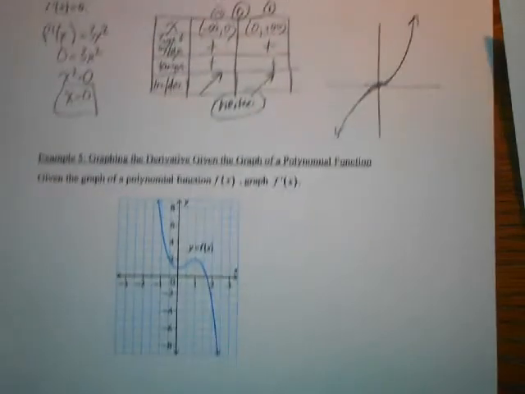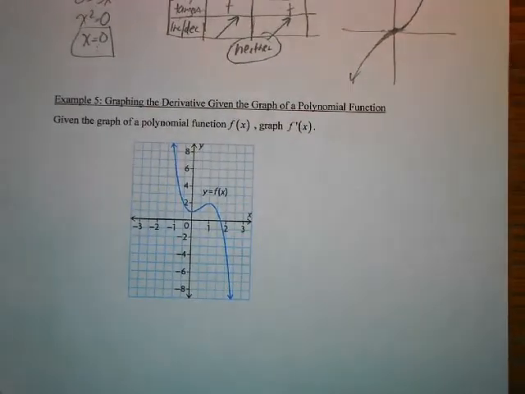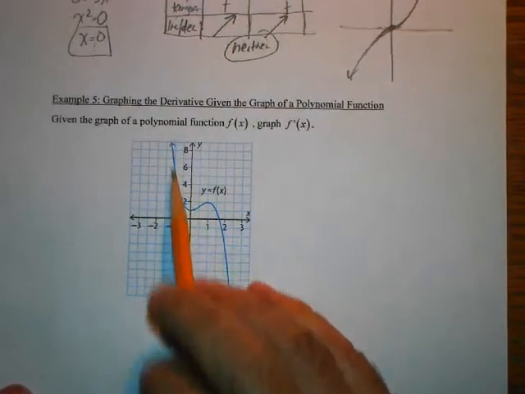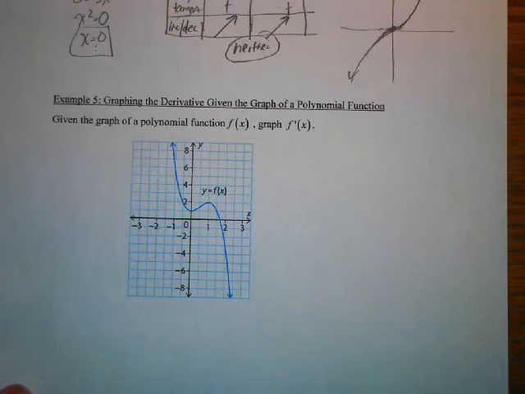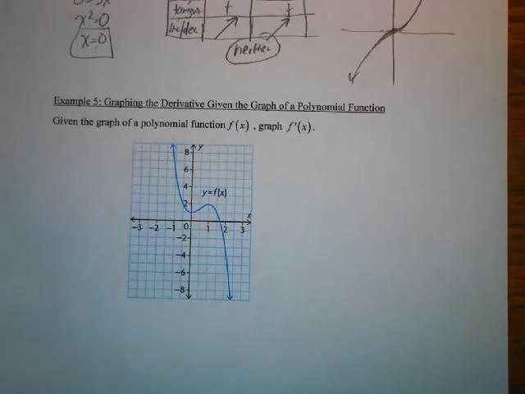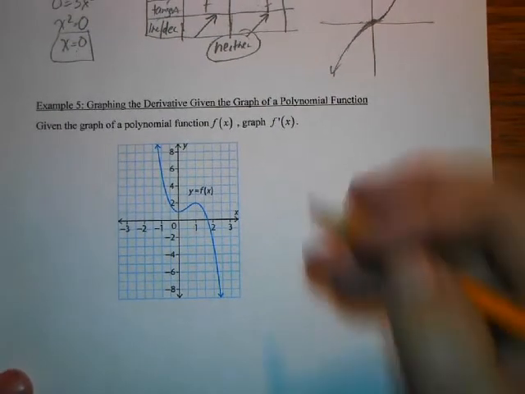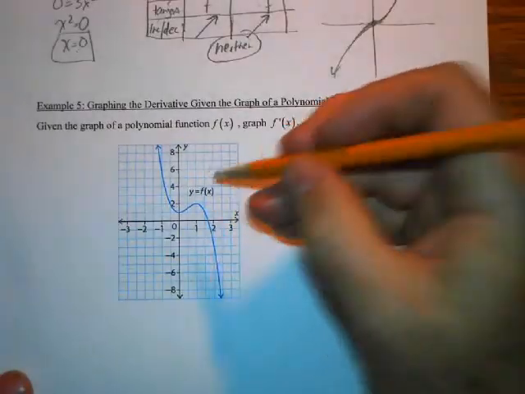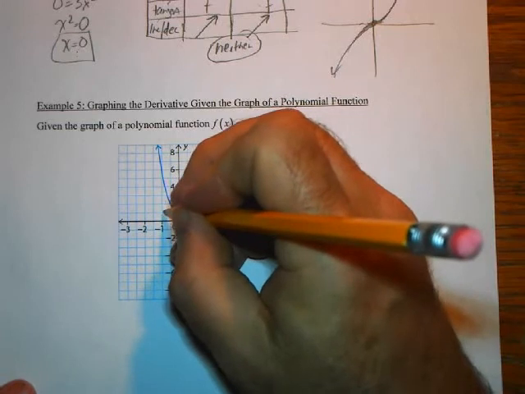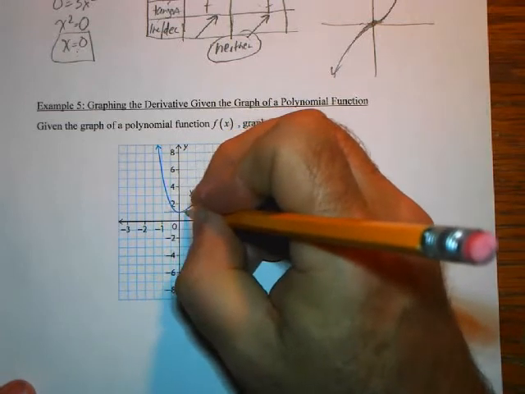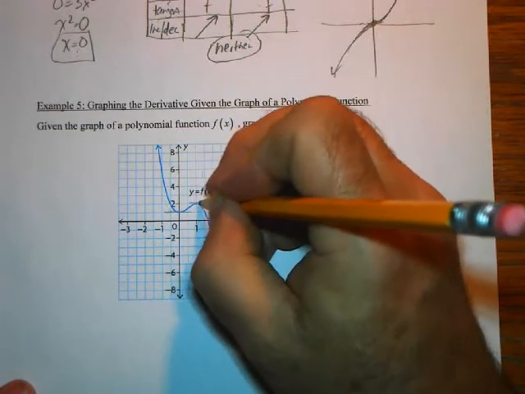Okay. Last question. Given the graph of the polynomial function, they didn't give us the equation, they just drew it for us. Graph f prime of x. Okay, so this is a little different. If that's my original function, f of x, you can see very easily where the critical points are, where the slopes are equal to 0.